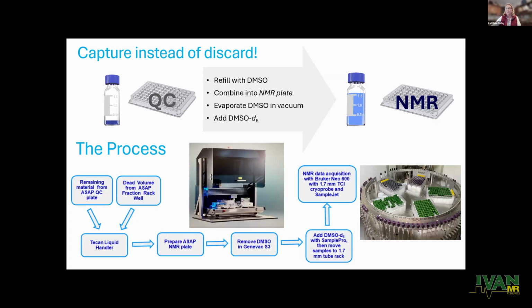We did want to dry down the protonated DMSO that the compound library uses and add deuterated DMSO. And then collecting with the SampleJet with the 1.7, we could use really tiny samples. So we thought, great, this is probably, I'm saying 2018, 2019 kind of time frame.